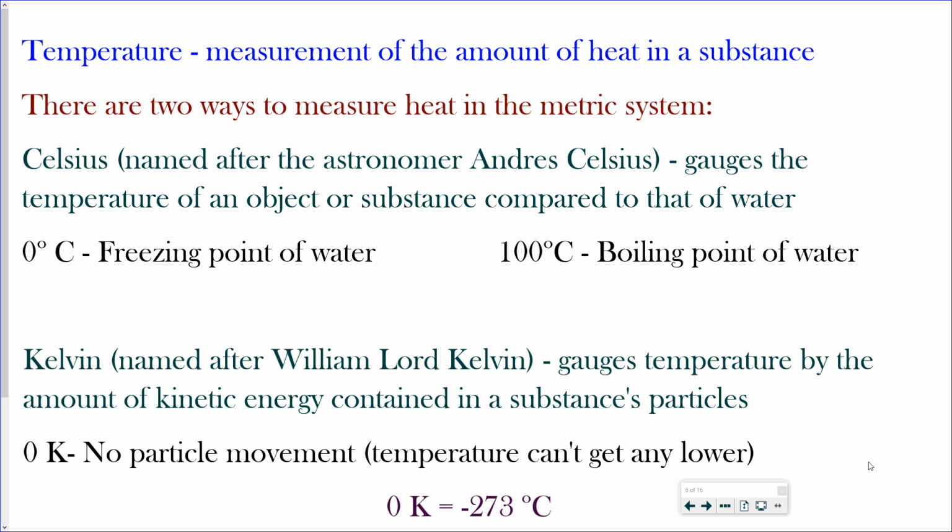You can have no lower temperature than 0 kelvins, because at 0 kelvins, all particles stop moving. If we relate that to Celsius, it's negative 273 degrees Celsius. The important thing to know is that when we're talking about internal energy, we're talking about the movement of the particles and those particles' potential and kinetic energies. So temperature is used in kelvins.